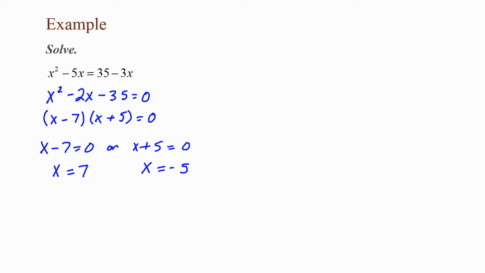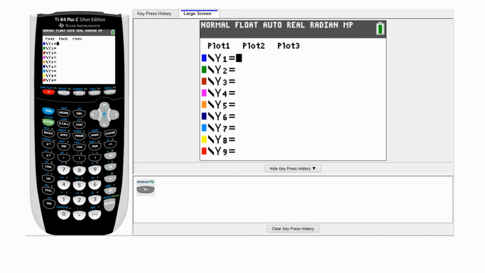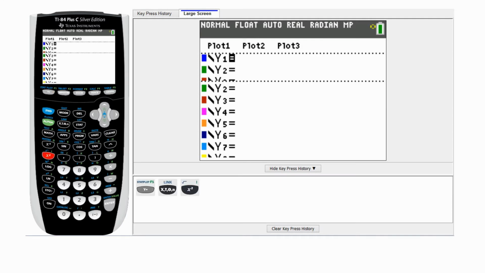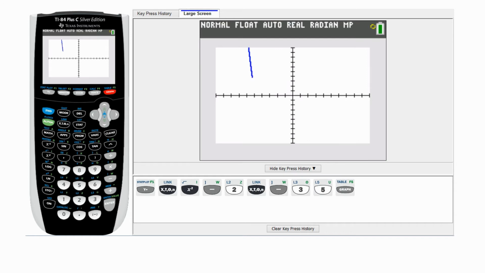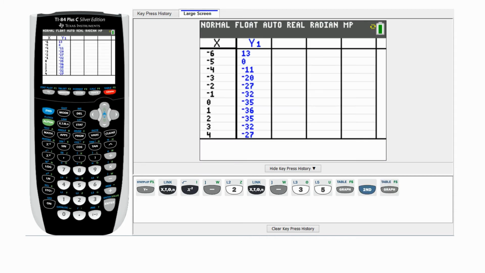To check this, y equals, I type in x squared minus 2x minus 35, graph. Second table, so negative 5 is one of my answers, as is 7.